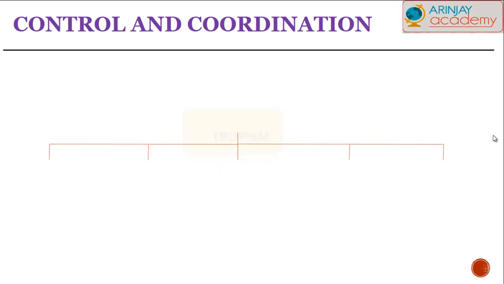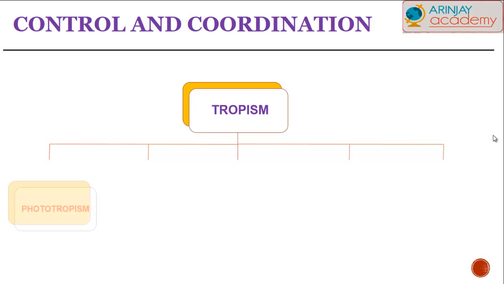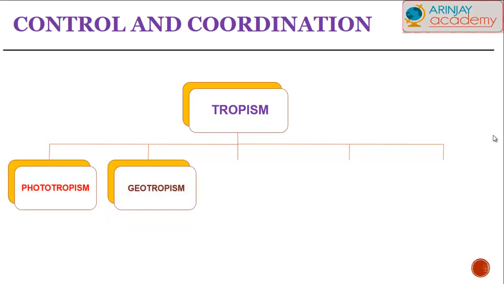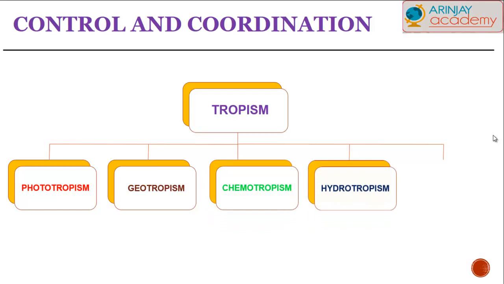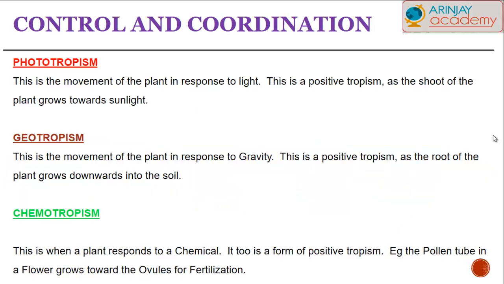Control and coordination in the form of tropisms. Let's have a look at the different kinds of tropisms. We have phototropism, which deals with light, geotropism, that deals with gravity, chemotropism, dealing with chemicals, hydrotropism, dealing with water, and of course, thigmotropism, that deals with touch.